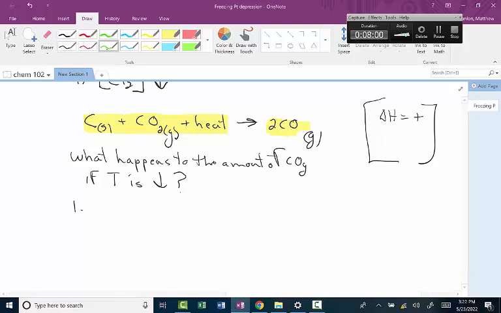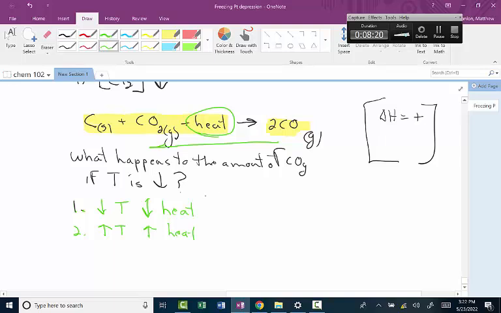So one, the stress is decreased temperature. Two, we know it wants to increase the temperature, and that decreasing the temperature is the same as decreasing the heat. So it wants to increase the amount of heat. So it will go this way. It will make heat. Okay?